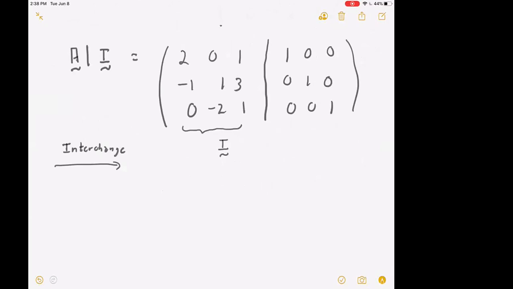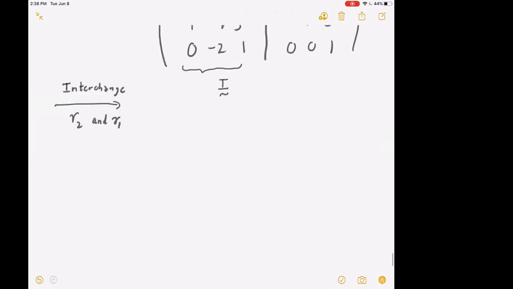So what I'm going to do in this example is I'm going to interchange row 1 and row 2. That clearly is an elementary row operation, which is allowed. The first row becomes -1, 1, 3, 0, 1, 0. The second row is 2, 0, 1, 1, 0, 0.